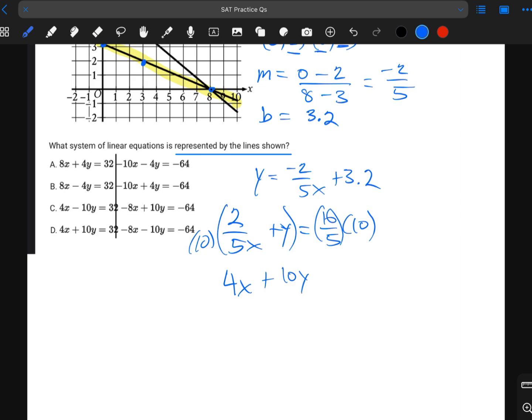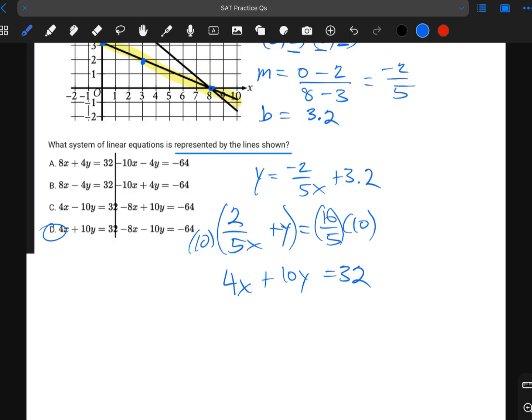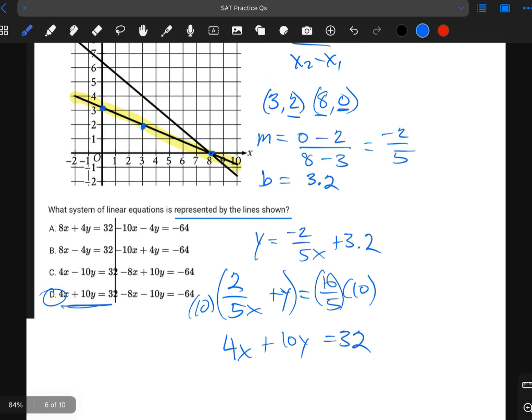And then you have 160 over 5, which is the same as 32. And that actually matches D. So you could actually just stop here because no other answer has this equation. So you don't have to do this for the top line here. But if you were to do that, you would do that in the exact same fashion.